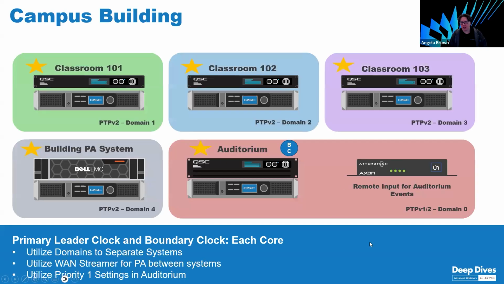So I'm going to show that if we have a bunch of devices where we don't have any sort of Dante or anything in the PTPv1 range, then we can actually put those in PTPv2 different domains and have them all end up being separate and discrete systems. And then maybe we make sure that we reserve domain 0 for that one big auditorium that has a whole bunch of Terratech wall plates or Dante IO or wireless microphones or a Yamaha mixer or all of those other things that are going to be talking on the PTPv1 side, which can only talk to domain 0.